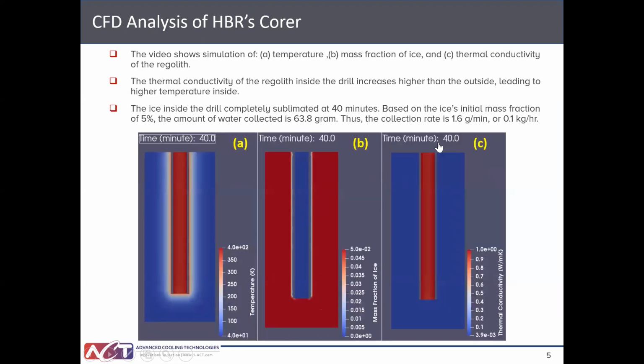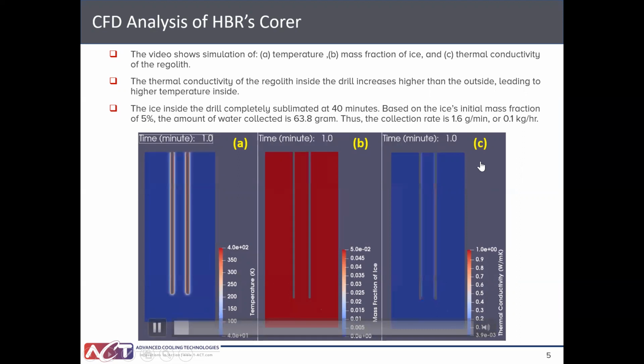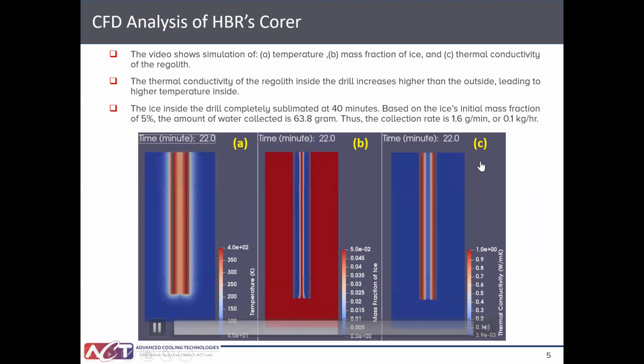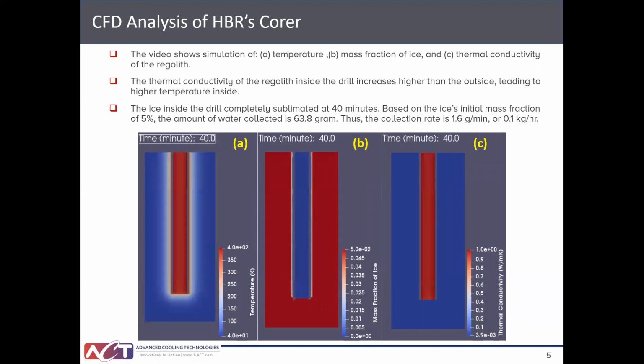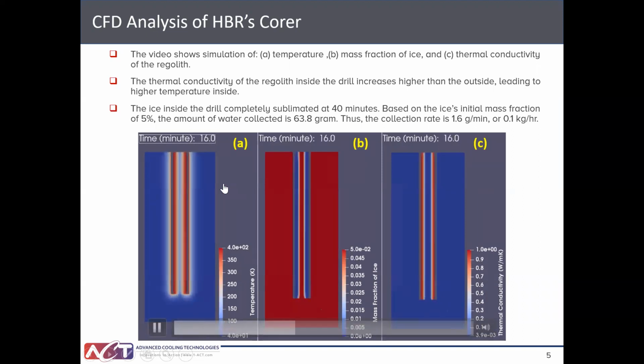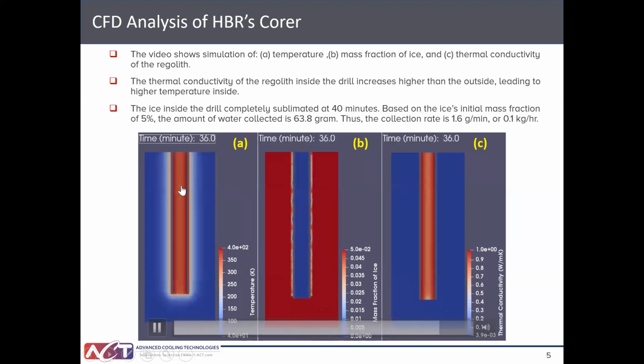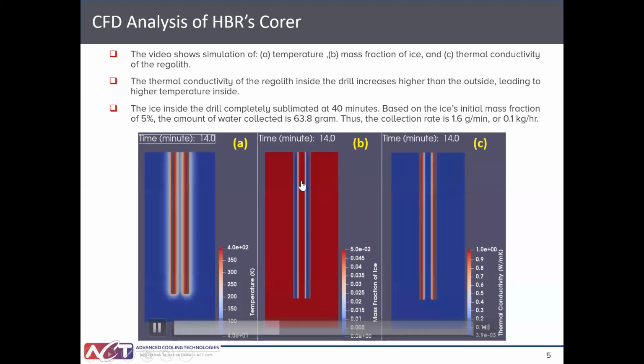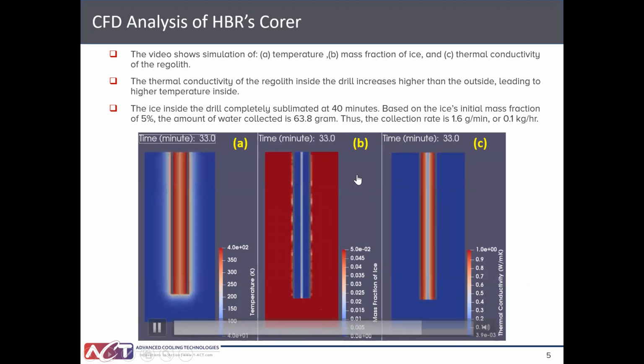In this slide, we have a video showing the simulation of temperature (A), mass fraction of ice (B), and thermal conductivity (C). The thermal conductivity of the regolith inside the drill increased higher than the outside, leading to a higher temperature increase from the inside of the core, and that will sublimate the ice on the inside of the core fully, roughly at 40 minutes.